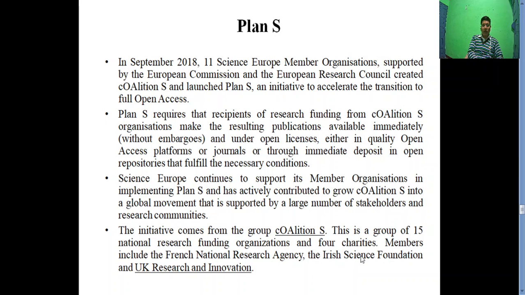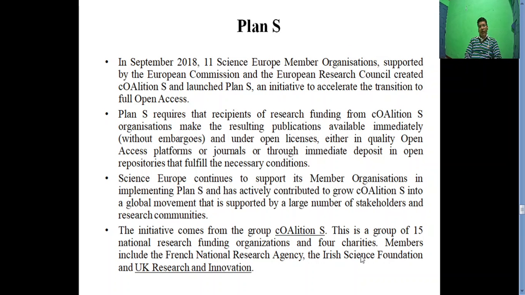Plan S requires that recipients of research funding from Coalition S organizations make the resulting publications available immediately without embargoes and under open licenses, either in a quality open access platform or journal, or through immediate deposit in an open repository that fulfills the necessary conditions.